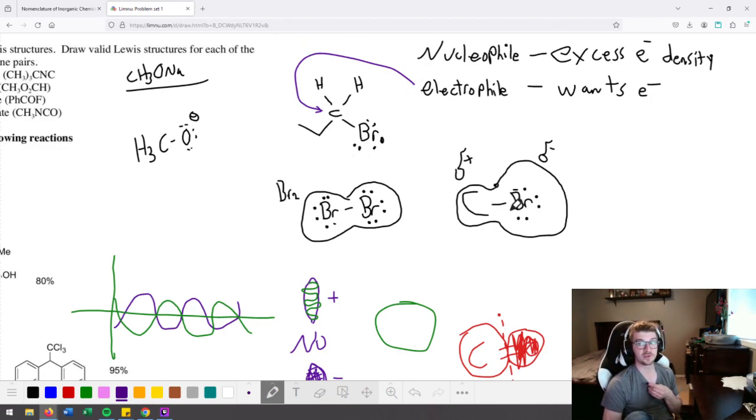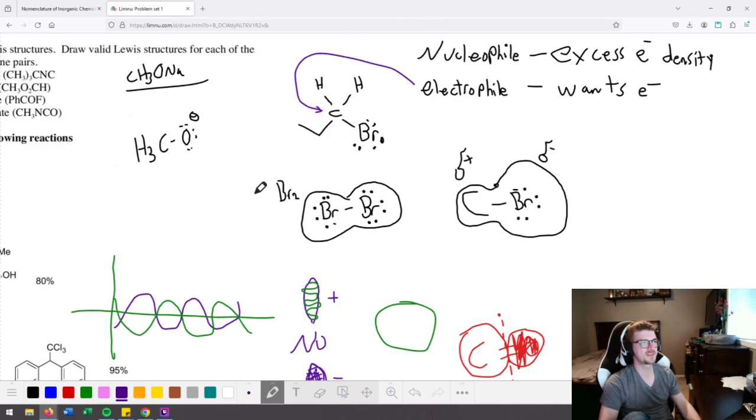So you could say the bromine is a nucleophile here, which is not super wrong, but it's not really right because it's a very, very small excess of electron density. So bromine's a pretty bad nucleophile, but we'll get into why at some point, but not right now.